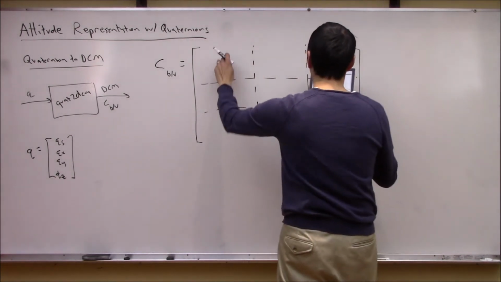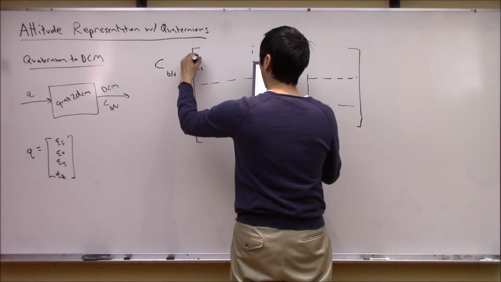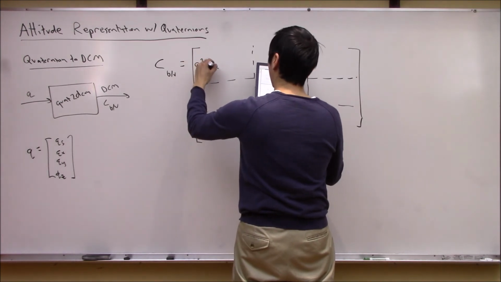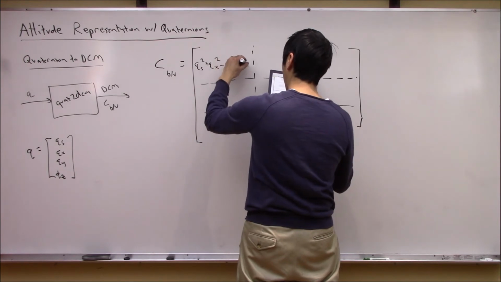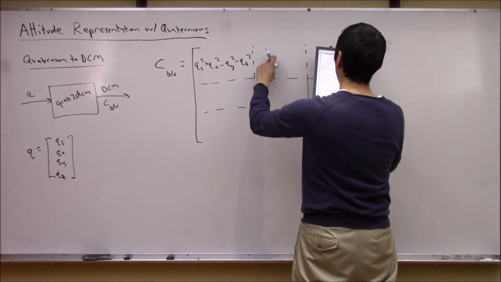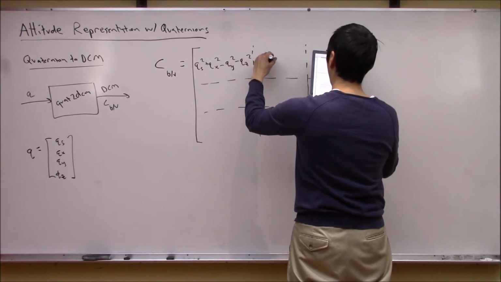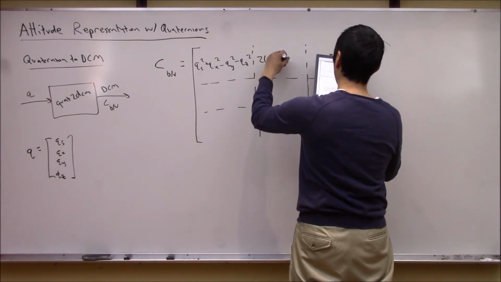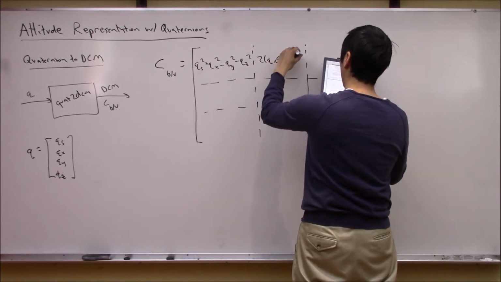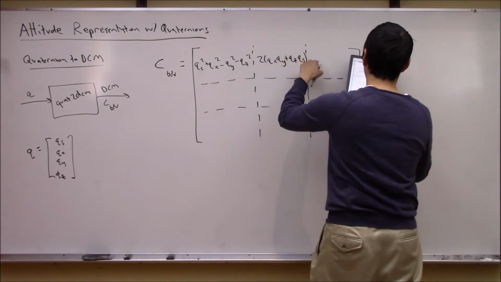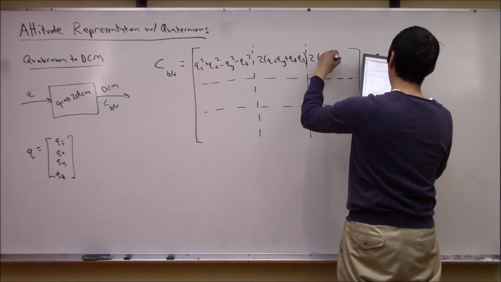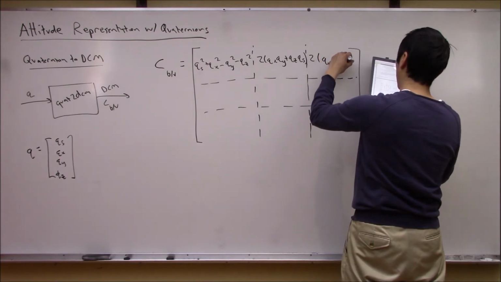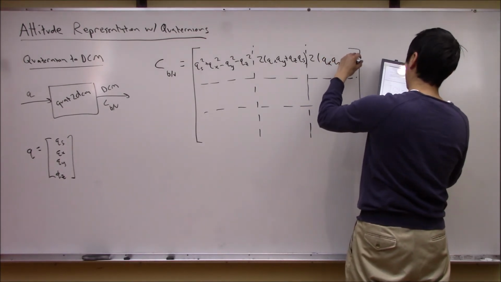So for example, the first element is just QS squared plus QX squared minus QY squared minus QZ squared. Okay, this element is 2 times QX QY plus QZ QS. This element is 2 times QX QZ minus QY QS.